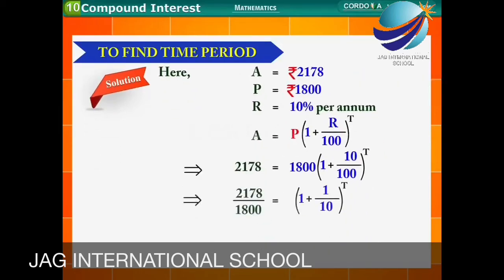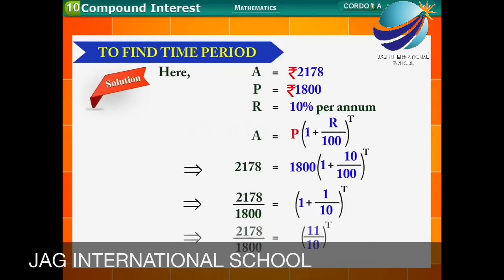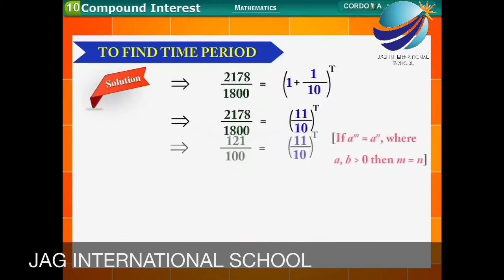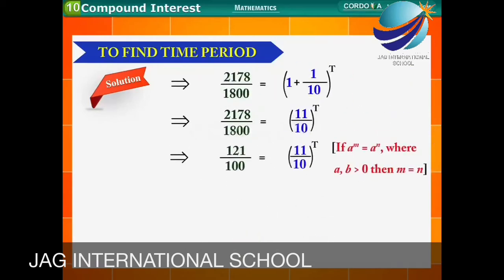This implies 2,178 upon 1,800 is equal to (1 plus 1 upon 10) raised to the power T. This implies 2,178 upon 1,800 is equal to (11 upon 10) whole raised to the power T. This implies 121 upon 100 is equal to (11 upon 10) raised to the power T. If A raised to the power m is equal to A raised to the power n, where A greater than 0, then m is equal to n.